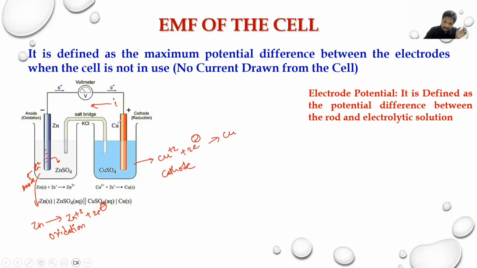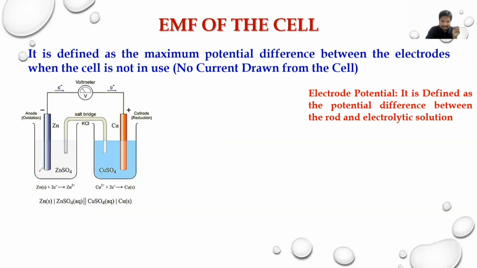Now let us see what is the relationship between the electrode potential and the Gibbs free energy. What will be the relationship between the EMF of the cell and the Gibbs free energy?